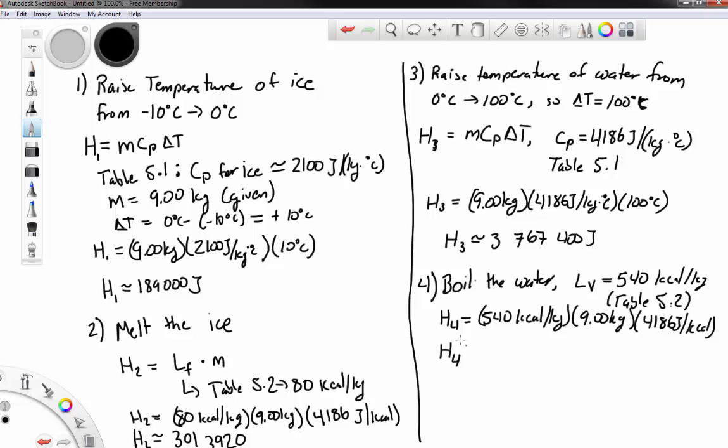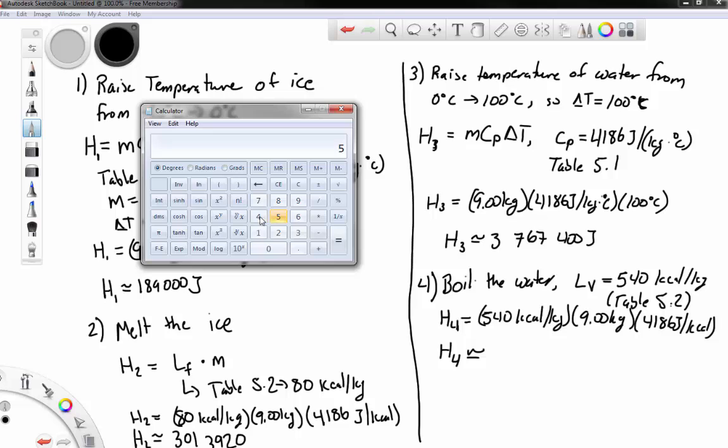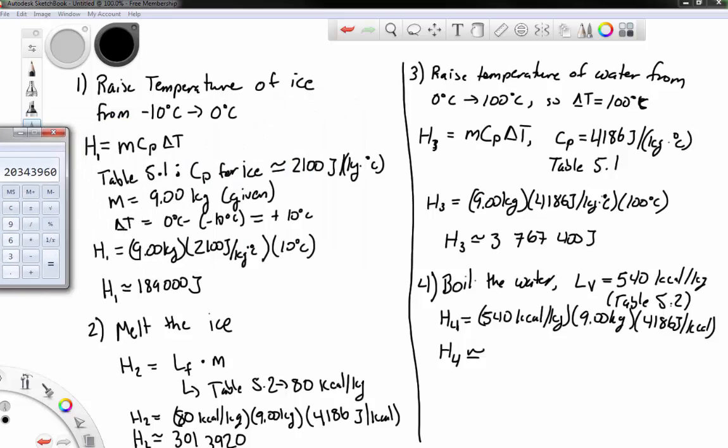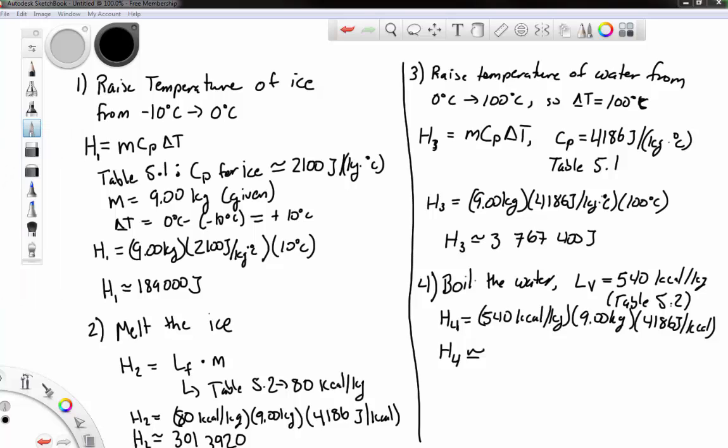So the heat found for step number 4 is going to be 540 times 9 times 4186. So this is 20,343,960. So step 4, 20,343,960 joules.